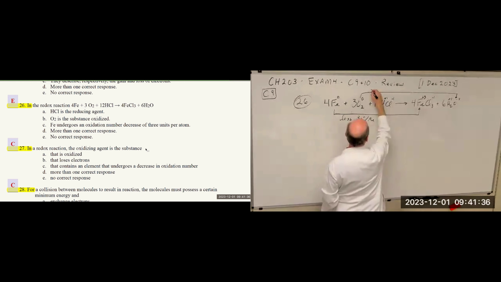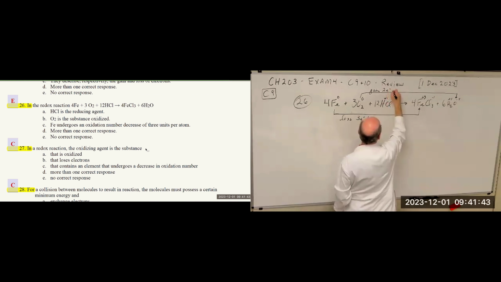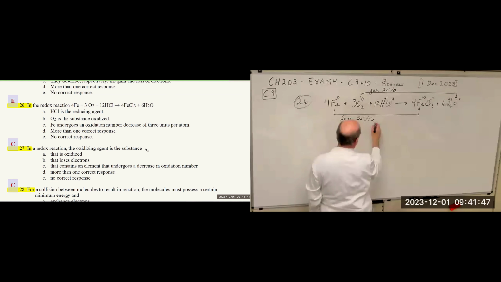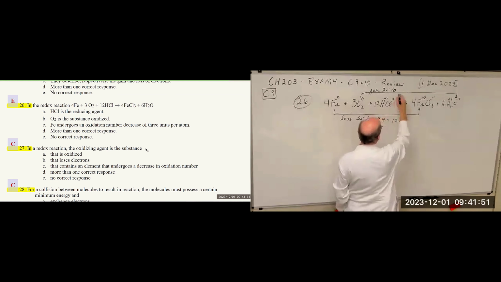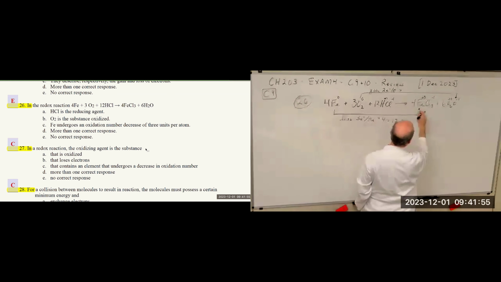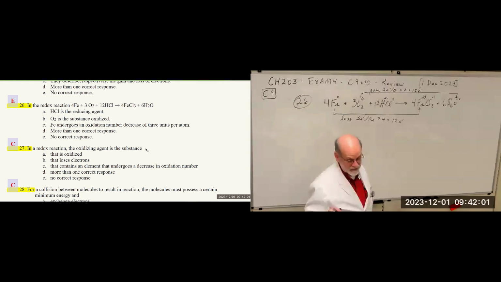So oxygen has a gain of 2 electrons per O. So we've got 4 irons here, which means 12 electrons total transferred. And here we have oxygens, 6 oxygens, times 2 equals 12 electrons. So the totals balance out.